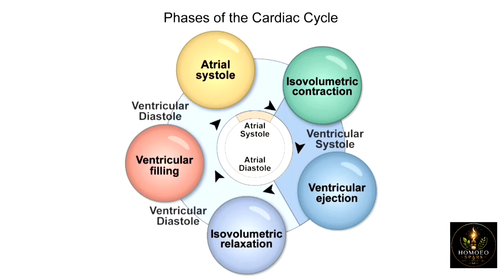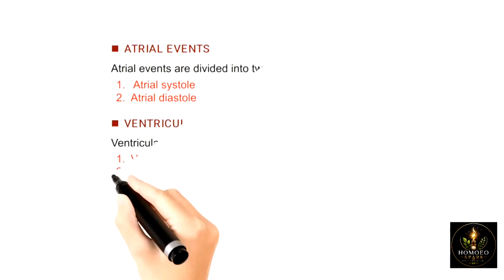So we have atrial systole, then isovolumetric contraction, ventricular ejection, isovolumetric relaxation, and ventricular filling. So we have atrial systole and diastole, also ventricular systole and diastole.